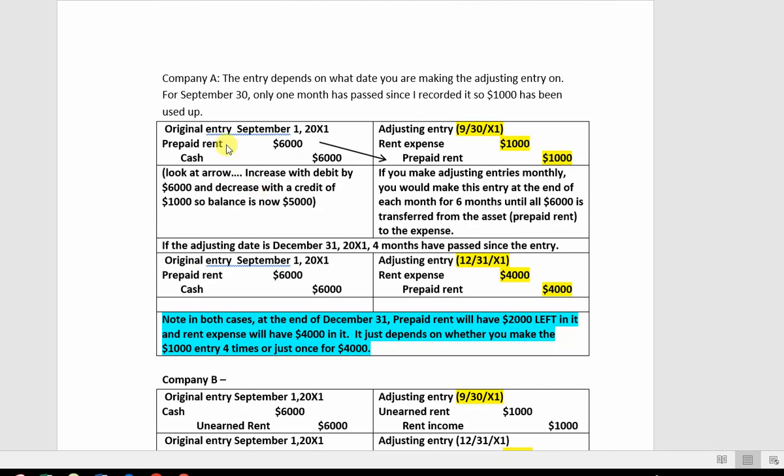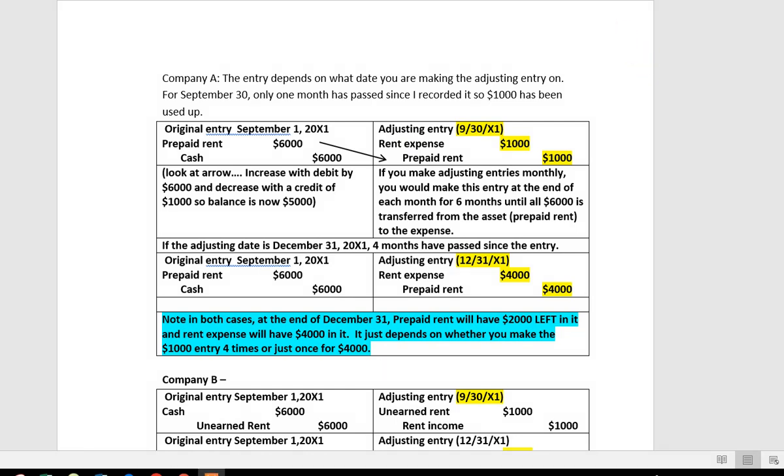Again, I'm just simply moving 1,000 out of prepaid rent into rent expense. So notice that in both cases, regardless of whether I do it 4 times or 1 time, at the year end, prepaid rent has 2,000 left in it, and rent expense has 4,000 in it. Okay? Next one.